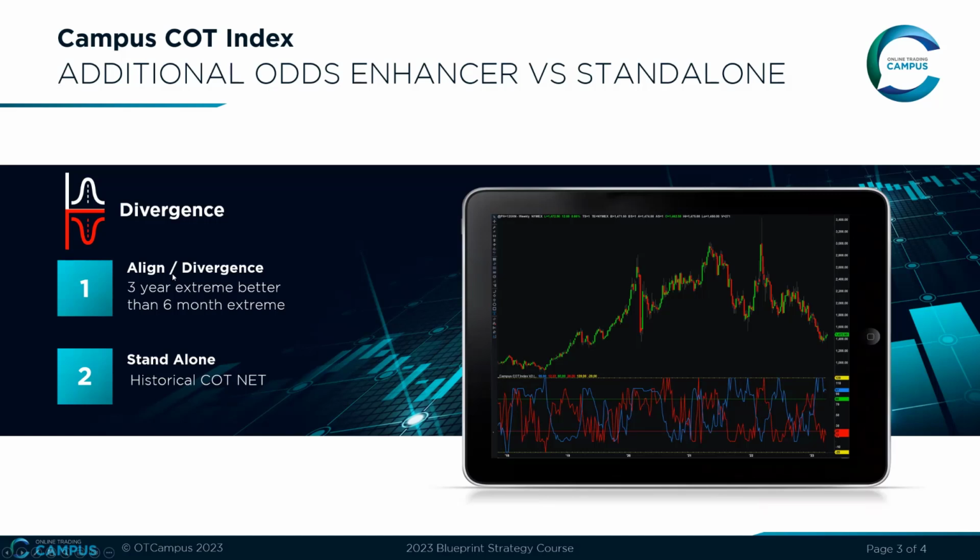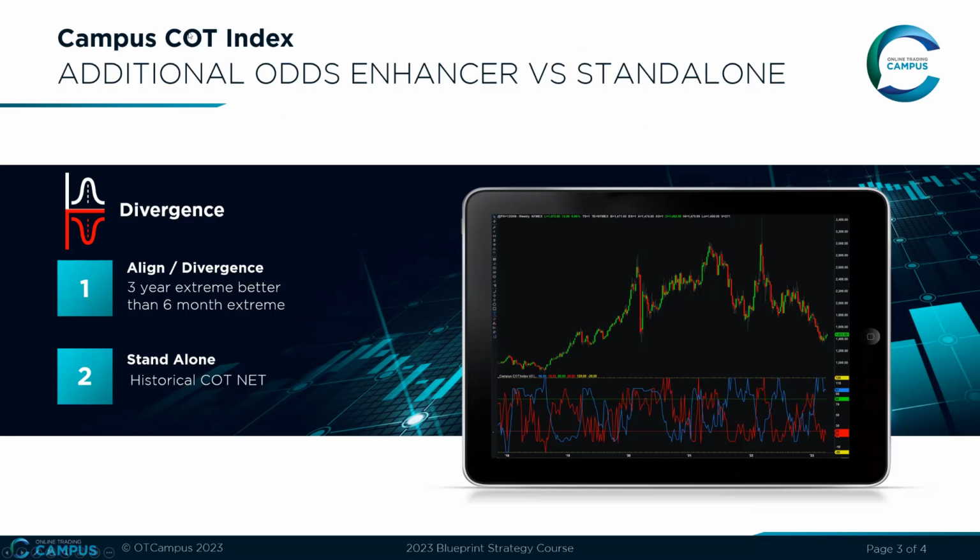We can trade it regardless. And then if the retailers are on the other side, if there's a divergence between the commercials and the retailers, then we could say, well, now even better, right?